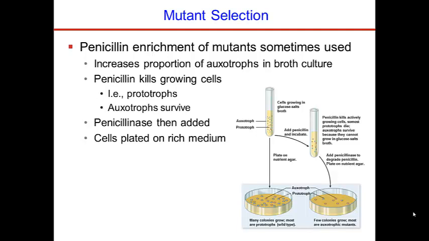Penicillinase is then added to the cultures to degrade the penicillin, and plating what is left over onto enriched media should only allow auxotrophs that survived the penicillin suicide selection to grow.